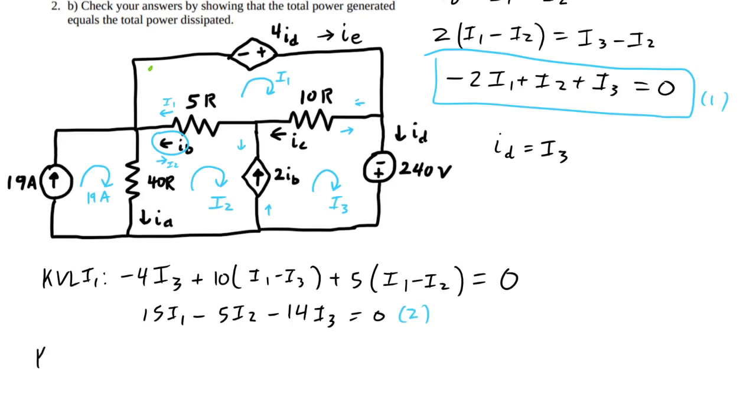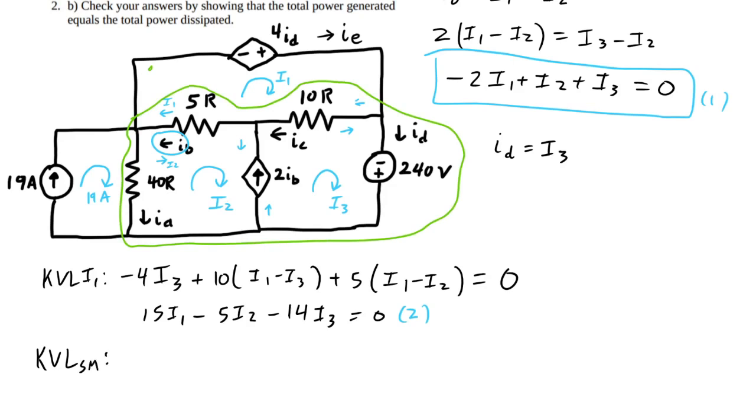And I'm going to do a KVL for, I call this, here's my super mesh. It's going to include all this stuff. So KVL super mesh. I'm going to start at the same node. Doesn't matter where you start, but just for clarity, I'll start there.